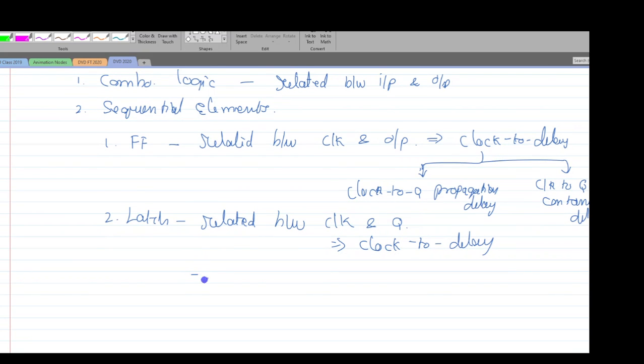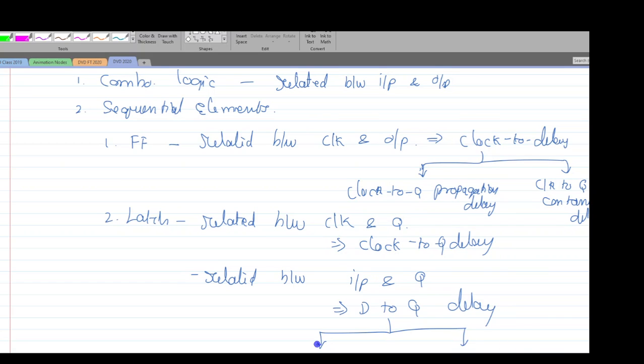And there is also one more way by which the output gets modified, which is the relation between the data input and Q. We generally call this a D to Q delay. Again, one could decompose this D to Q delay into contamination delay and propagation delay, depending on whether the output Q changed with minimum delay or with maximum delay. Based on that, we will have two types of delays.